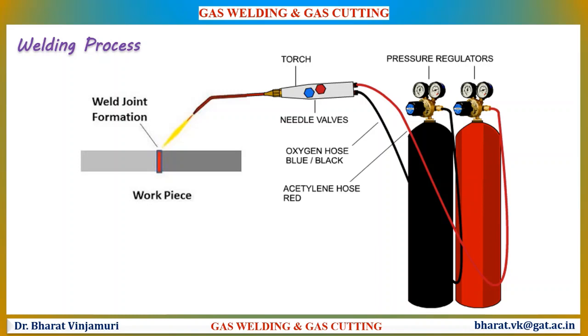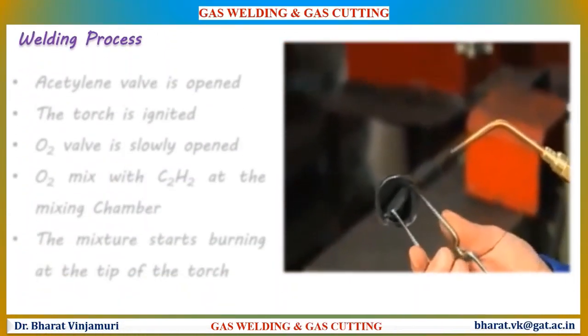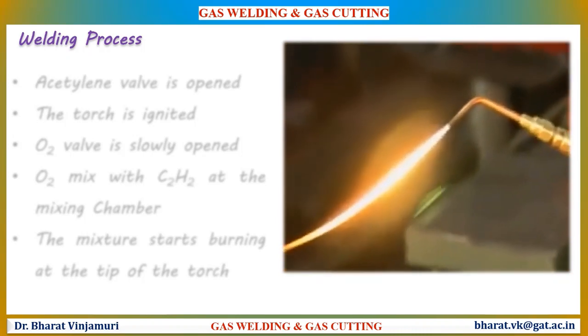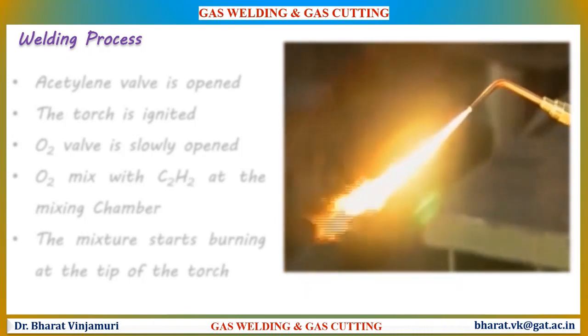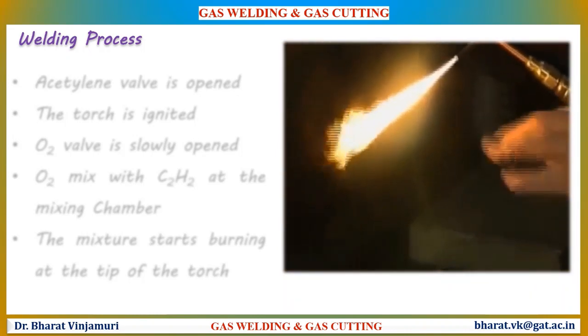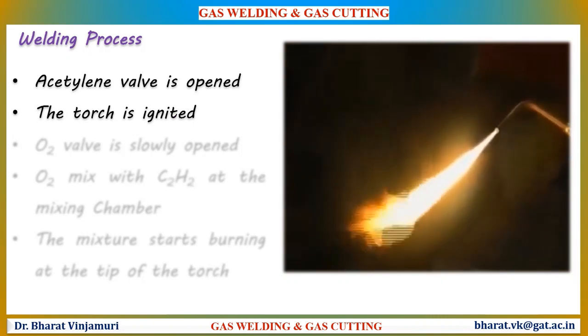Let us now discuss the operation of the welding process. Initially, the metals to be joined must be cleaned. A suitable flux is applied over the joint if necessary. The acetylene valve is opened gradually and the torch is ignited.